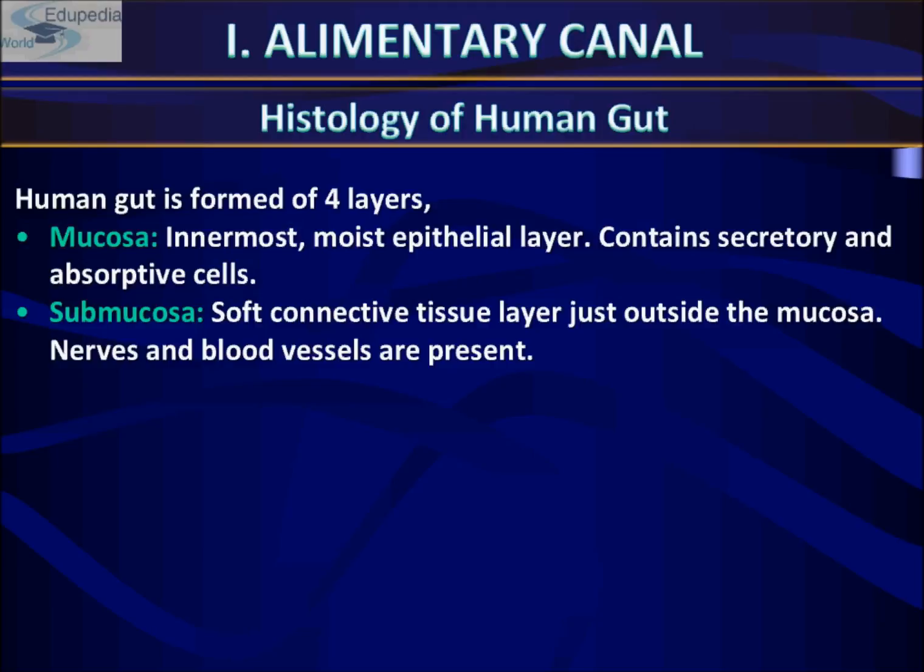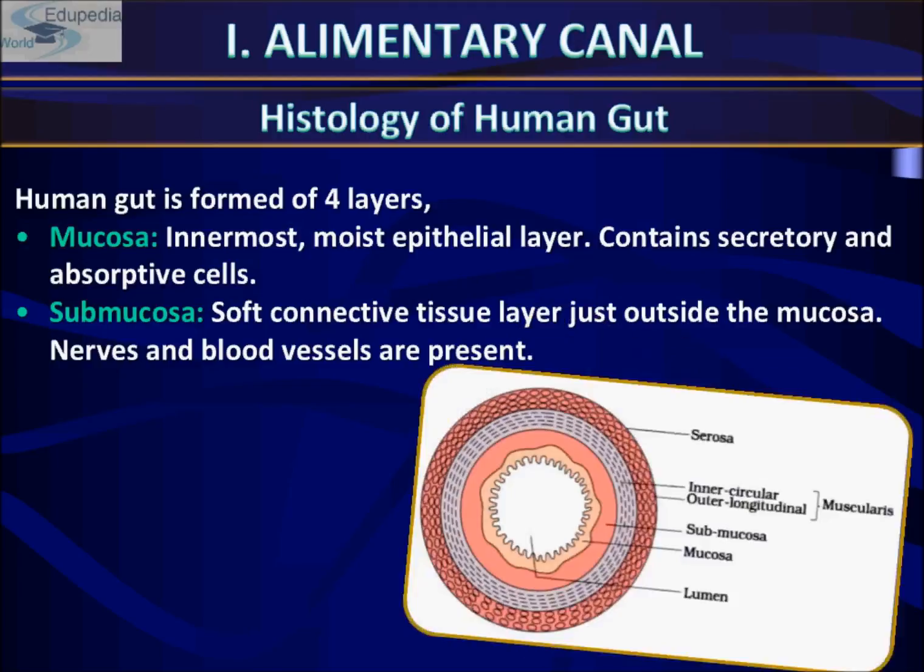First is the mucosa, which is the innermost layer or the moist epithelial layer, which contains secretory and absorptive cells. Submucosa is a layer of soft connective tissue just outside the mucosa, okay. Nerves and blood vessels are also present in this layer.